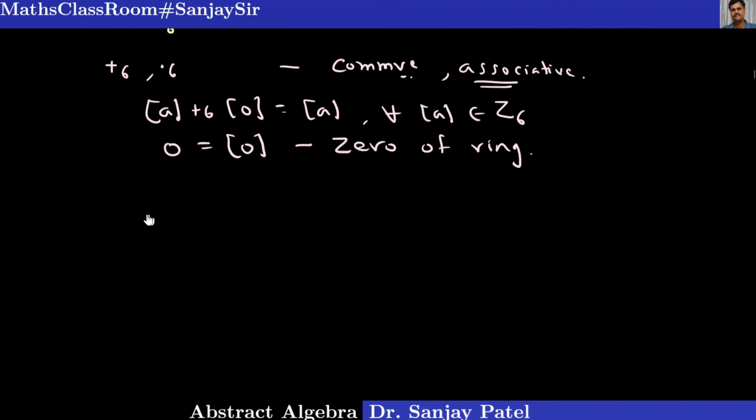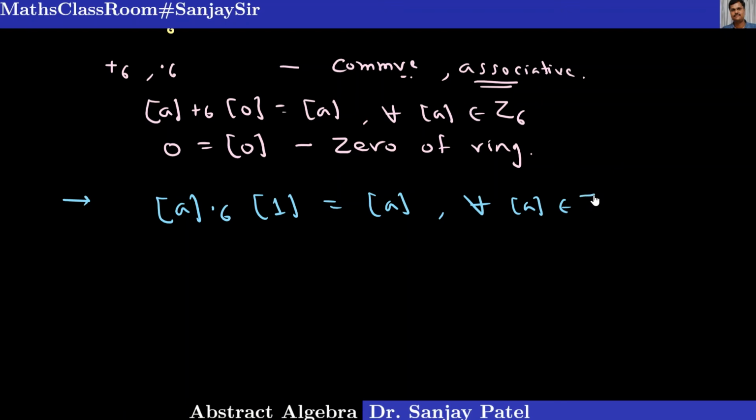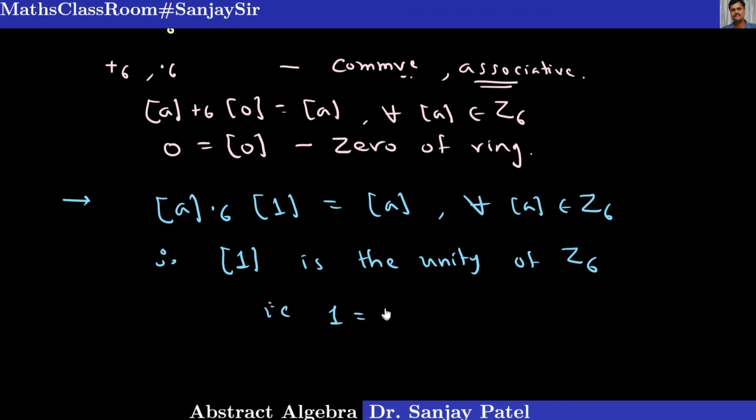That means for the element class 1, we have class a dot 6 class 1 is equal to class a, for every element class a belonging to Z6. So therefore this element class 1 is the unity of the ring Z6. That is, 1 is equal to class 1.